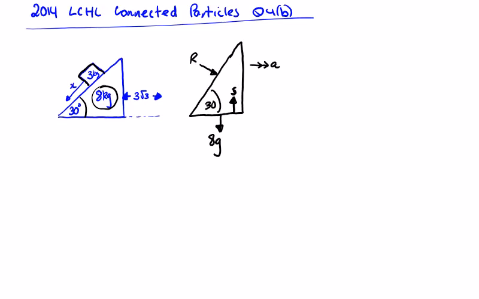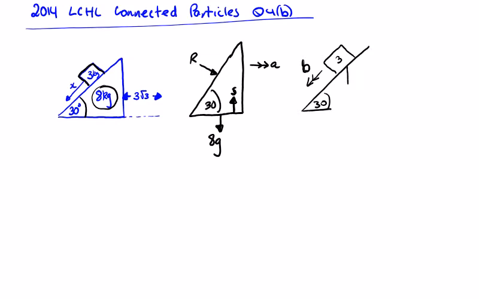Also, we have the particle. Now the particle, 3 kilos, it's going to go down. We'll call the acceleration B. We'll need to get the acceleration relative to the wedge in the next part. We have our 30.